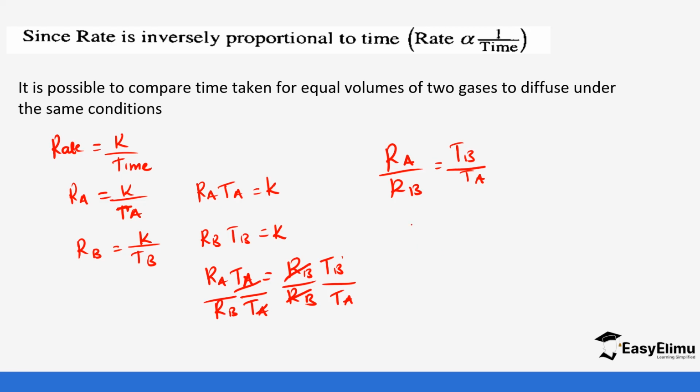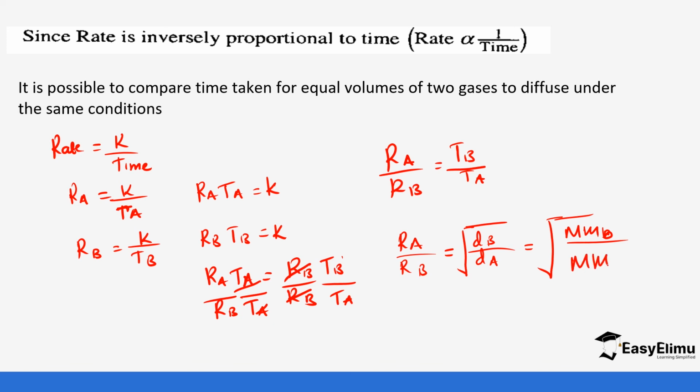It's going to be rate of A over rate of B. We said the first one was the square root of density of B over density of A, which is equal to the square root of molecular mass of B over molecular mass of A, which is equal to time of B over time of A. So we can relate rate to density, to molecular mass, and to time.